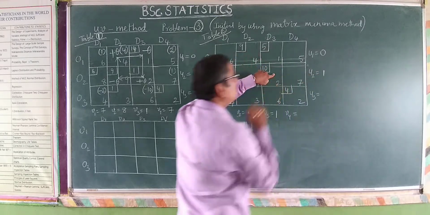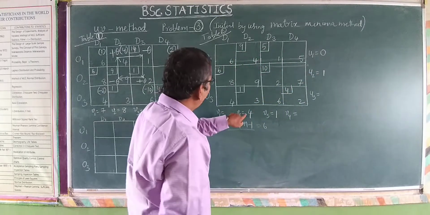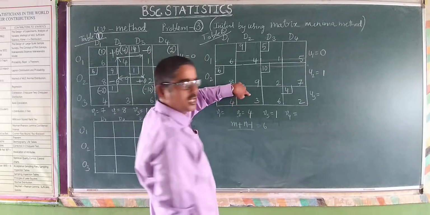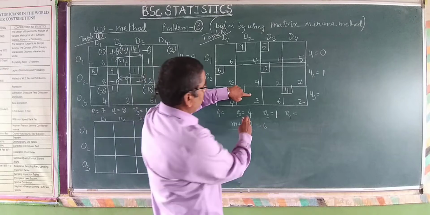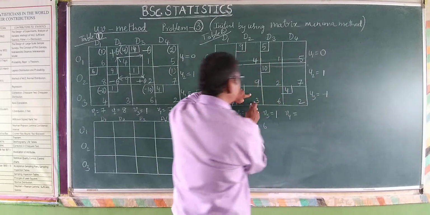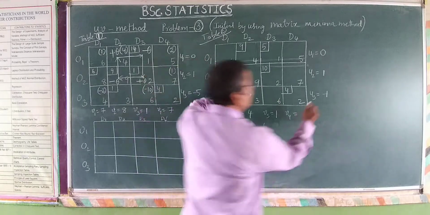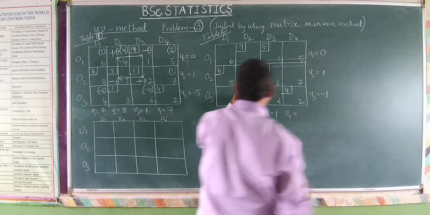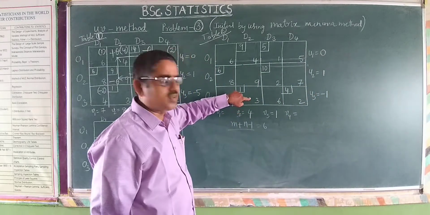And if you consider this value and this basic cell, then 4 plus minus 1 is equal to 3. I write minus 1 clearly. That is 4 minus 1 is equal to 3.